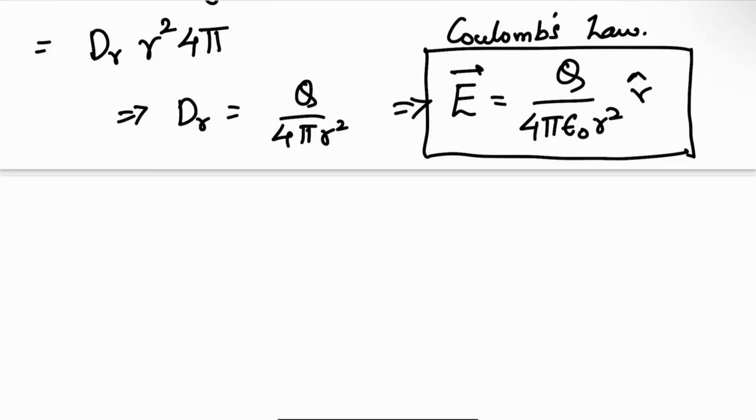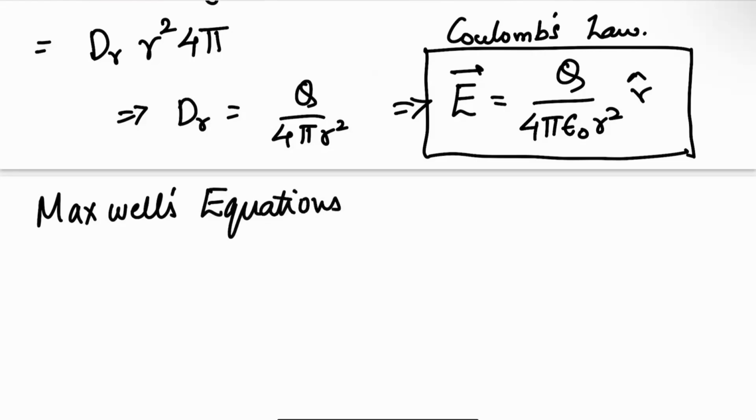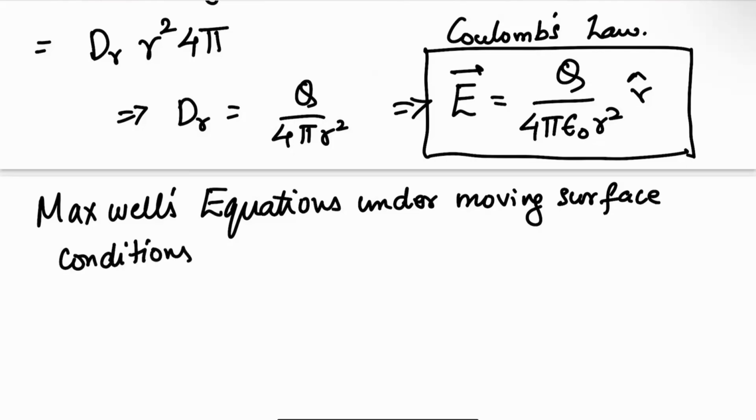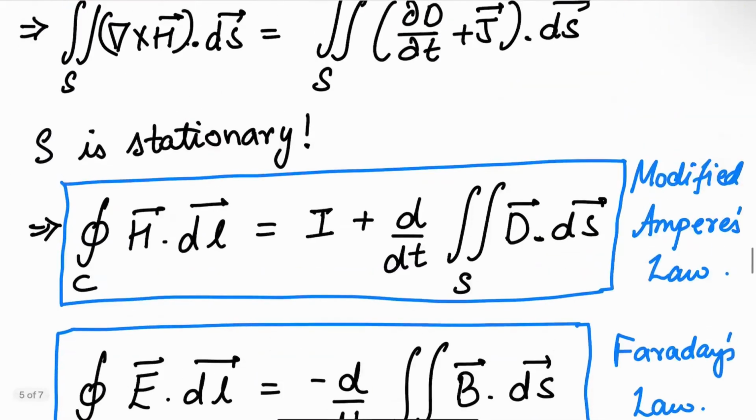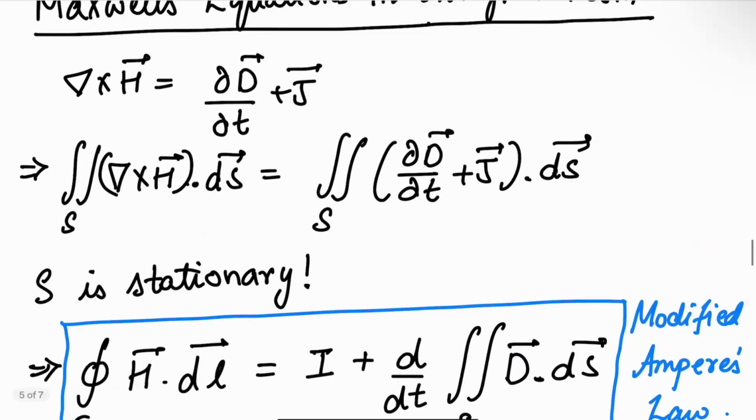This is a good time to treat the last part, which is what happens when you have moving surface boundaries. Earlier we said there's this fundamental integral form of Maxwell's equations. If we have a stationary surface, then we can take this derivative inside, we end up with this, and from that we can come back to the point form of Maxwell's equations.